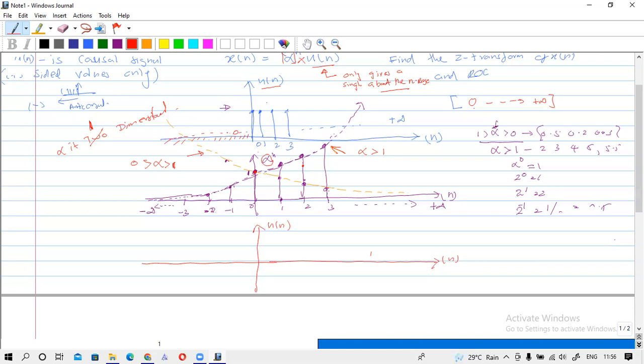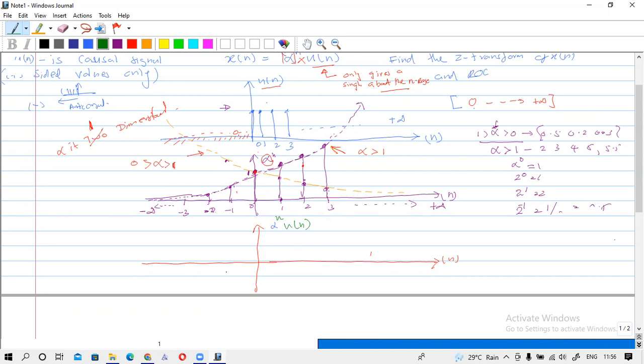Here all are zero. So if I multiply this zero value with these values, this is our resultant signal, alpha to the power n un.